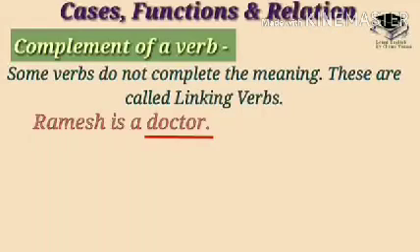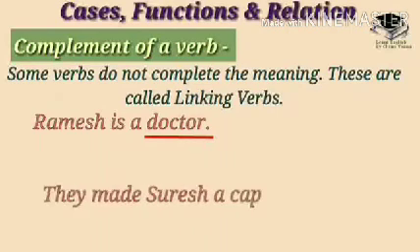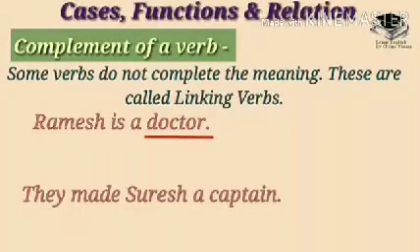So this is complement of a verb, and doctor signifies Ramesh. Another example: they made Suresh a captain. They made Suresh a captain. So here captain completes the sentence. Both are complement cases.